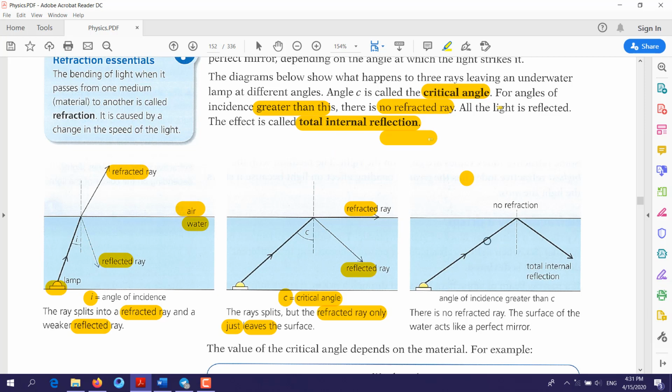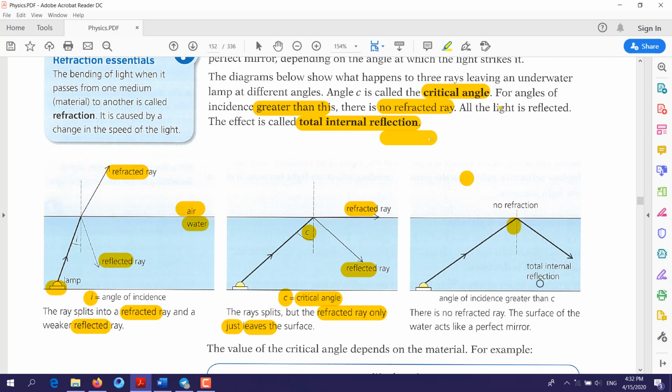Look here what happened. The C, the critical angle, here it increases. The degree here is more than the critical angle. So when the incidence angle is greater than the critical angle, then all the light will reflect.